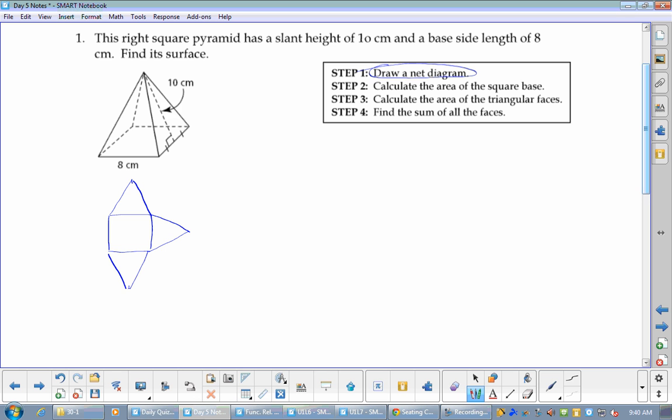Okay, so this would be your net. And then we want to put little marks here because those are all the same. Why? Because it is a square pyramid.